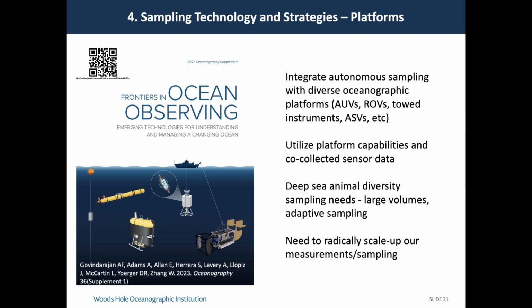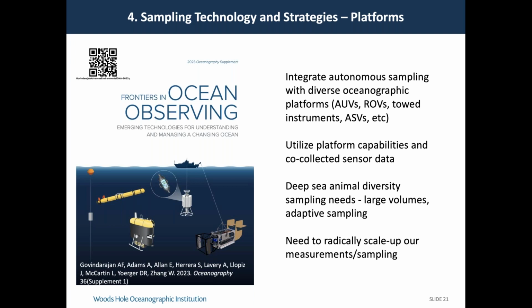So that work was strong motivation for us to continue with the large volume sampling, and I'll note that this is geared towards animals and not microbes. We've expanded on this work now with more updated versions of our multi-sampler and integrating those samplers with diverse oceanographic platforms.